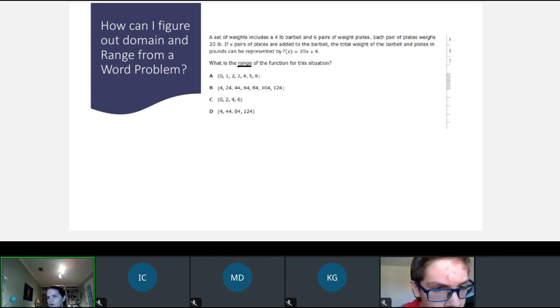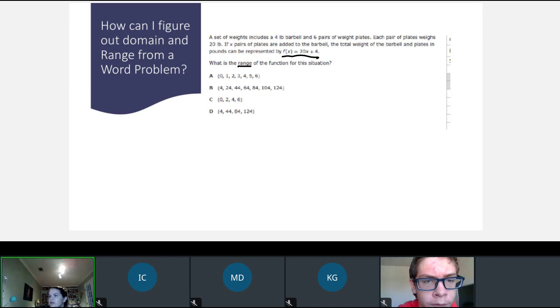Okay, so most of you got this. You're doing great. Let's talk about, it says a set of weights includes a 4-pound barbell and 6 pairs of weight plates. Each pair weighs 20 pounds. If X pairs are added to the barbell, the total weight of the barbell and plates can be represented by this function, 20 times X plus 4.